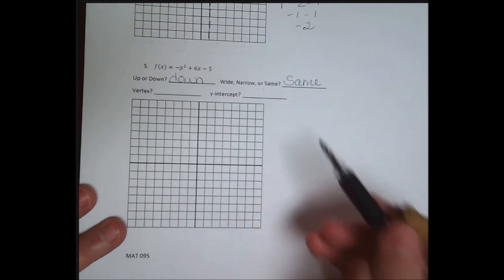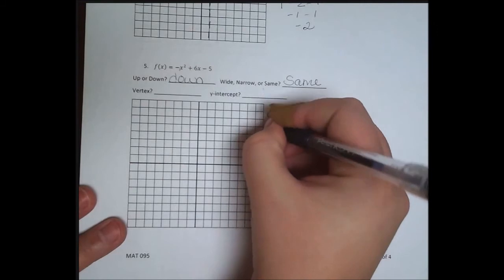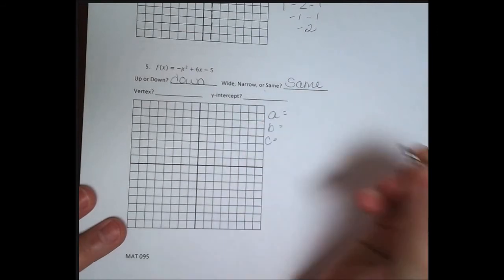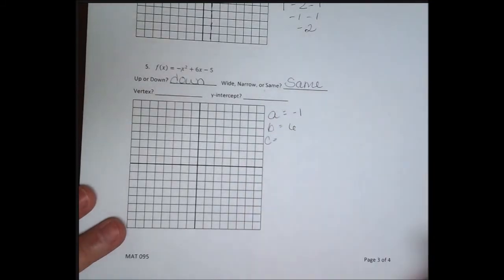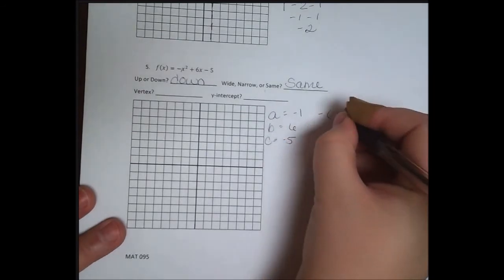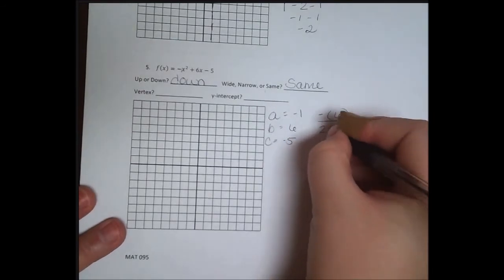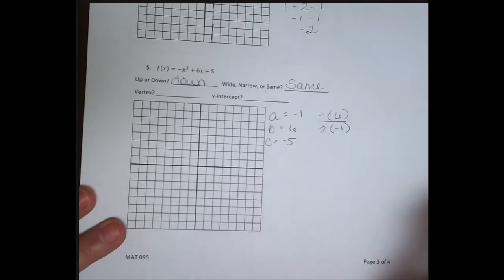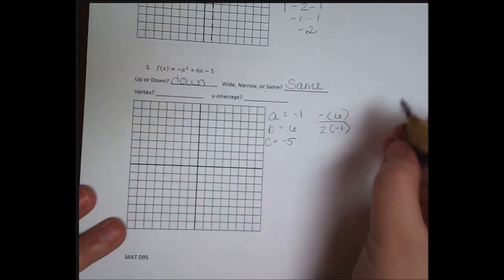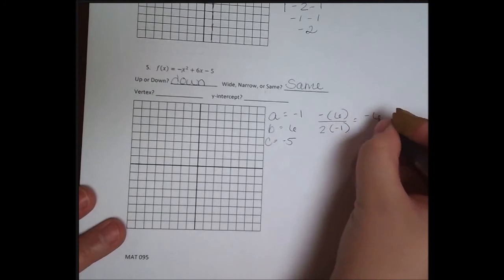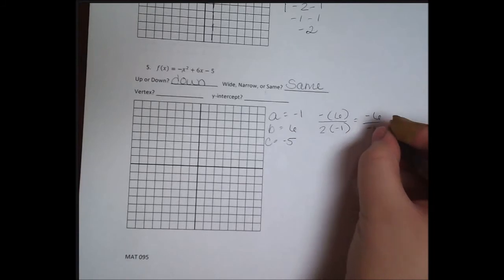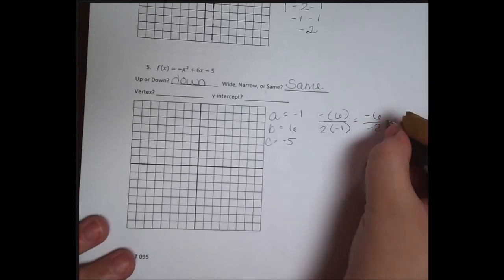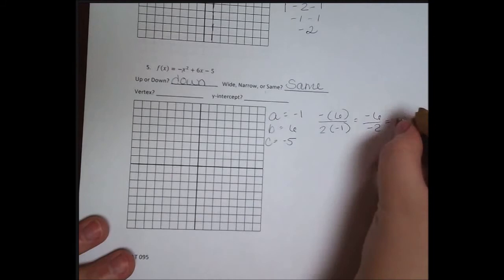So now to find our vertex, identify your A, B, and C. A is negative 1, B is a positive 6, C is a negative 5. So we've got negative B over 2A. So the opposite of 6 is negative 6, and 2 times negative 1 is negative 2, and then negative 6 divided by negative 2 is a positive 3.